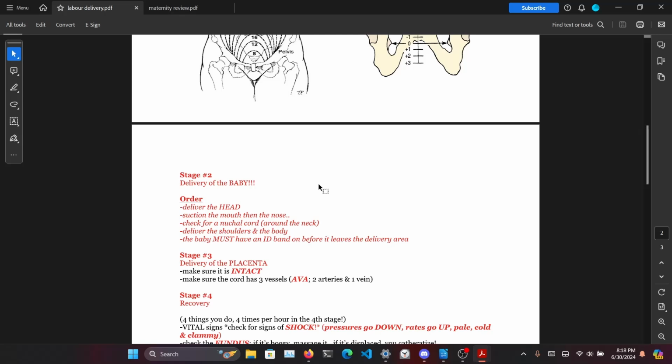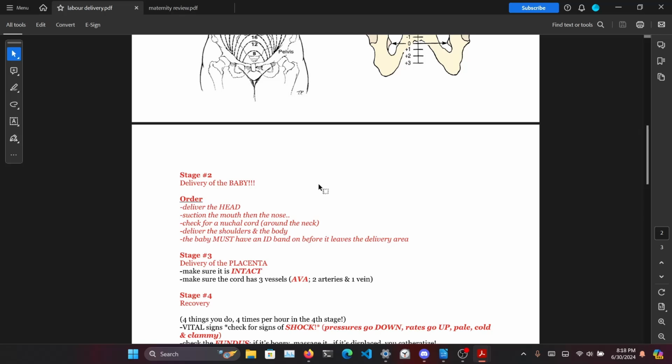Then stage 1, second part, active phase. The dilation will go now to 4 to 7 centimeters, and the contractions will come more often, every 3 to 5 minutes, lasting 30 to 60 seconds. Same thing in this, one thing we do different is back rubs, massage, pillow support, because pain is increasing. And then the last phase is the transition phase.